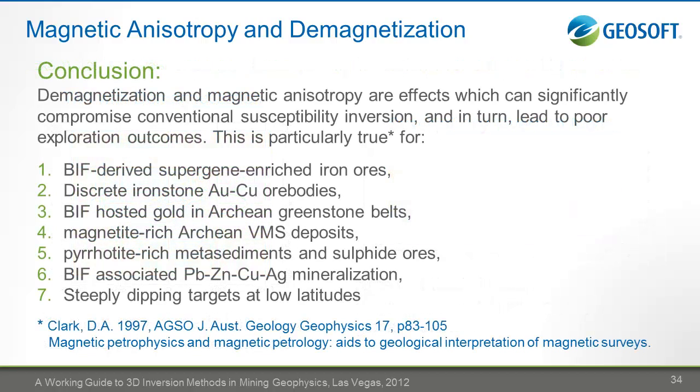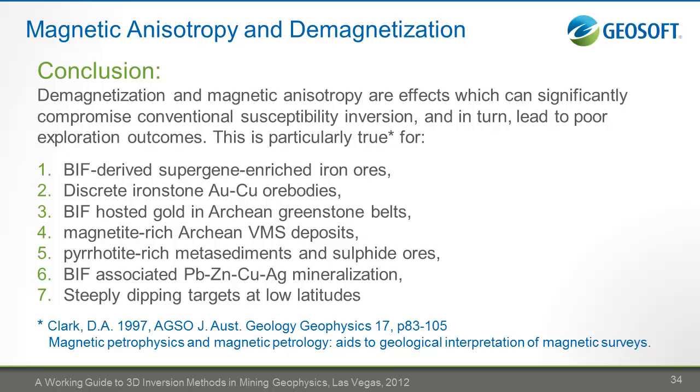So from this simple analysis, you can see that even when we're only considering induced magnetization, there are a number of situations in which susceptibility inversion will fail, and that's whenever there is any sort of geometrical anisotropy in the Earth and significant susceptibility, so things like banded iron formations, magnetite-rich VMS deposits, pyrrhotite-rich metasediments and sulfide ores.